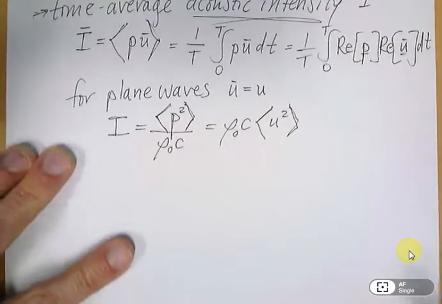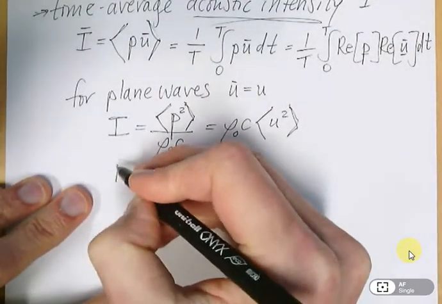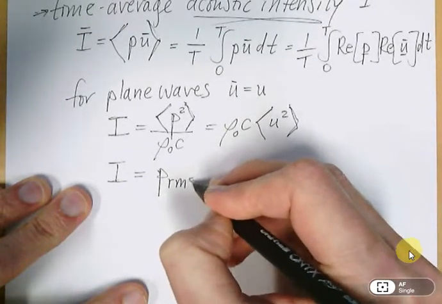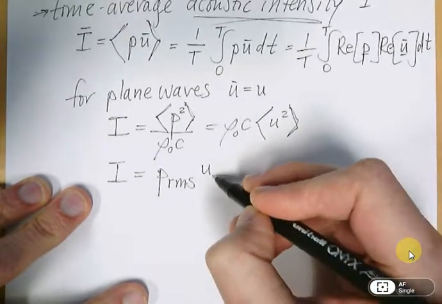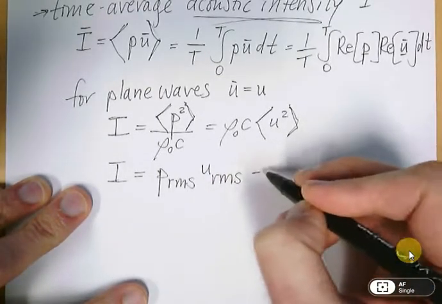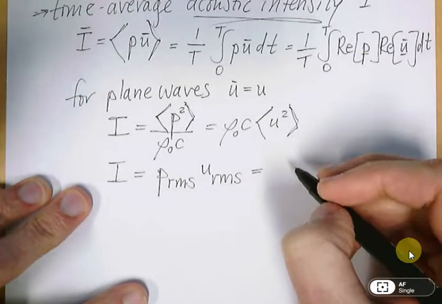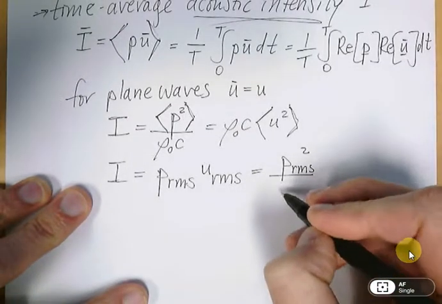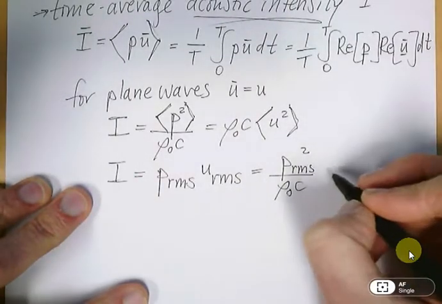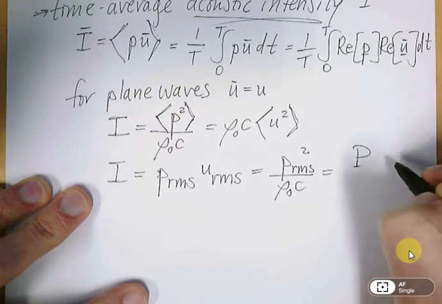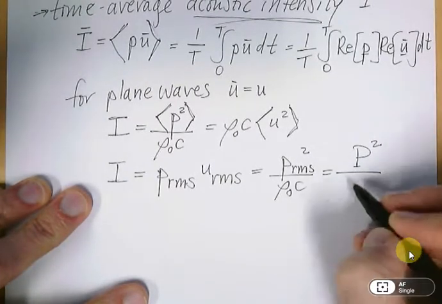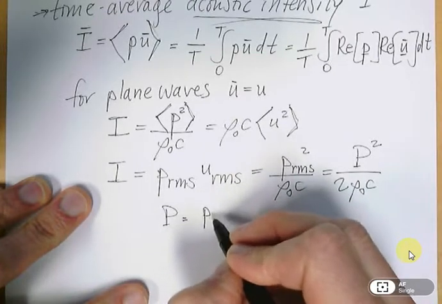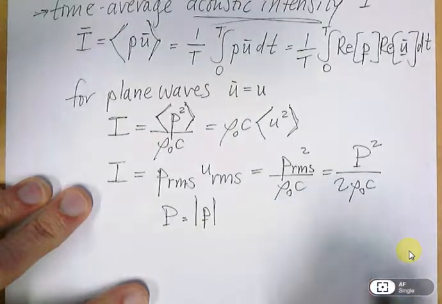So this is alternatively simplified, thinking about these mean square or RMS quantities as being the product of the RMS of acoustic pressure times the RMS of particle velocity, which by substitution, using similar routines again, leads to P_RMS squared divided by the specific acoustic impedance, rho naught c, or introducing an amplitude of acoustic pressure, P squared divided by 2 rho naught c, and writing this out, that P is the amplitude of the pressure. Say it's a complex exponential notation.